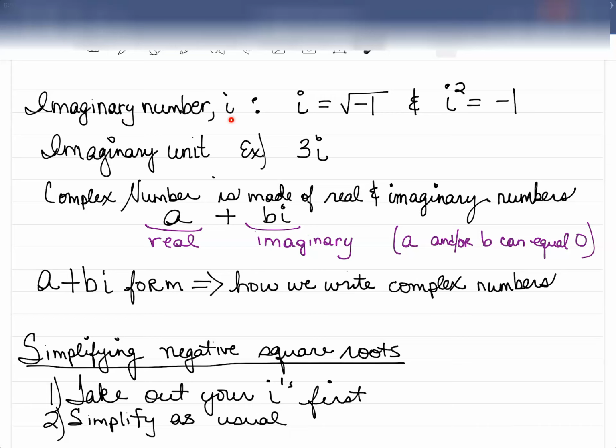Our imaginary number i we define as equal to the square root of -1, which means that i squared is equal to -1. These two you have to know. So the square root of a negative gives you an i, and i squared will end up being the -1.